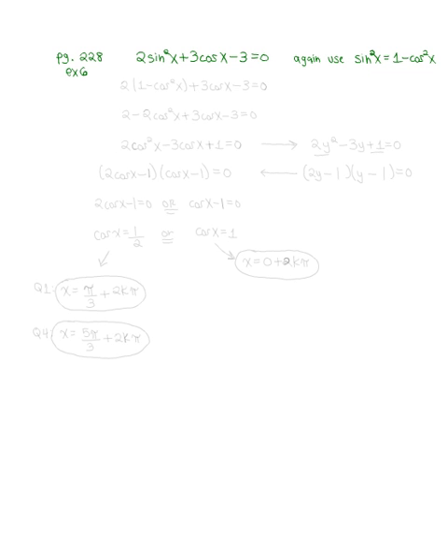So we use that right off the bat, and we replace sine squared with 1 minus cosine squared of x, so 2 times (1 minus cosine squared of x) plus 3 cosine of x minus 3 equals 0. And then if we distribute the 2, we get this.